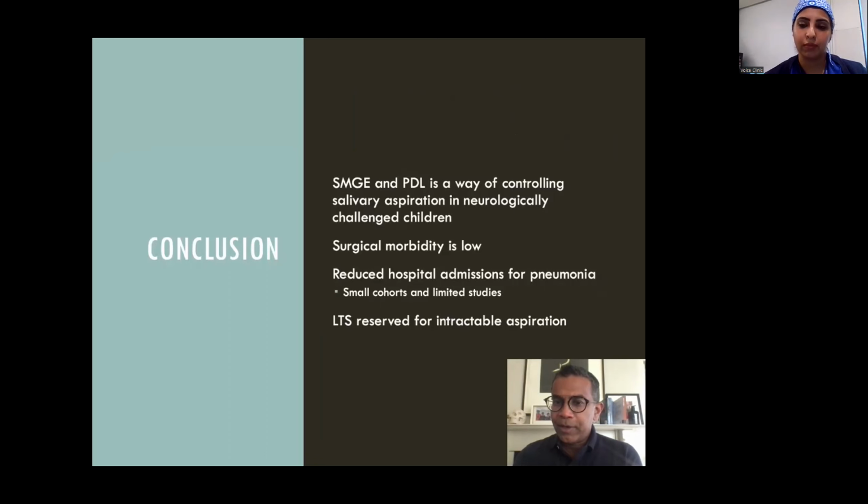In this area where there is a paucity of research, our study and others have shown some benefit with the rates of pneumonia and hospitalization. We also support the use of laryngotracheal separation or other diversion procedures in cases of intractable aspiration. Thank you very much for your attention.